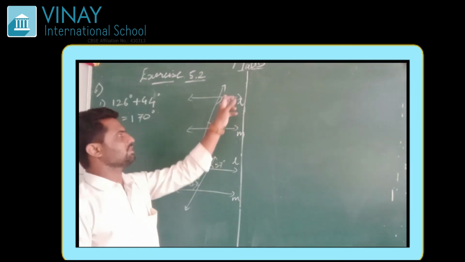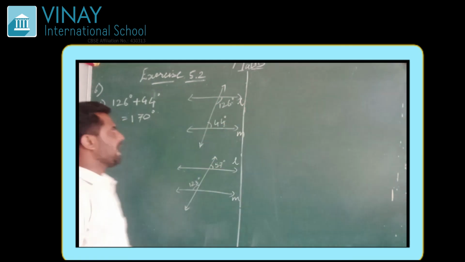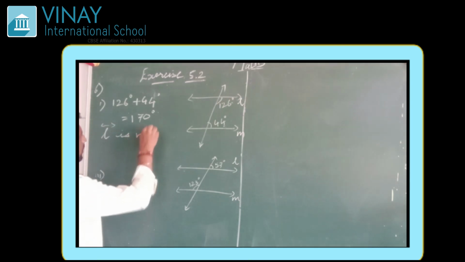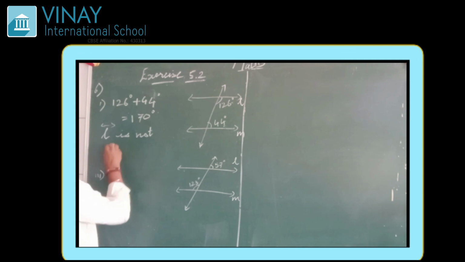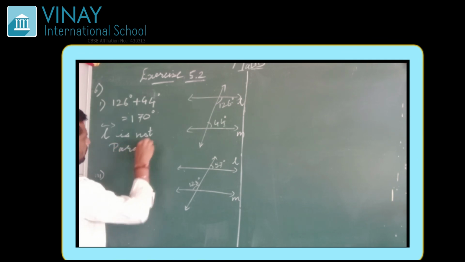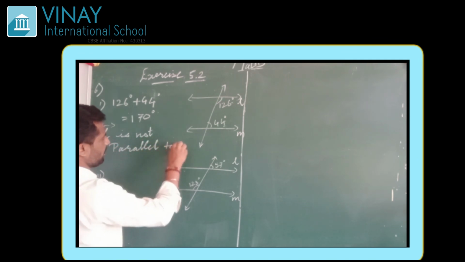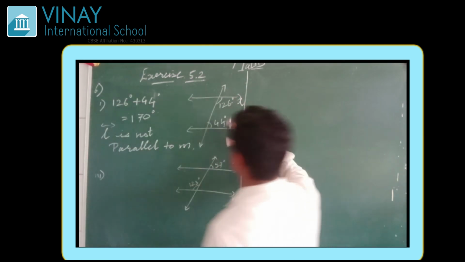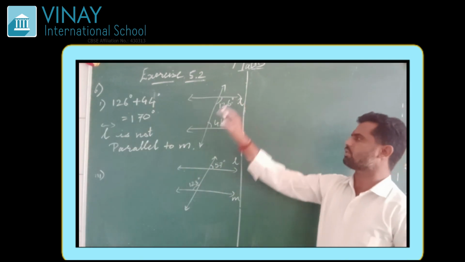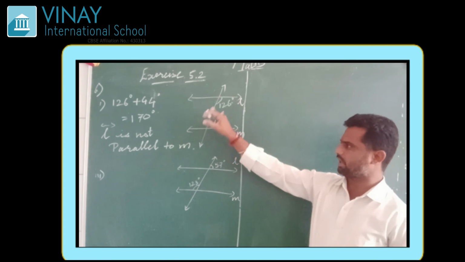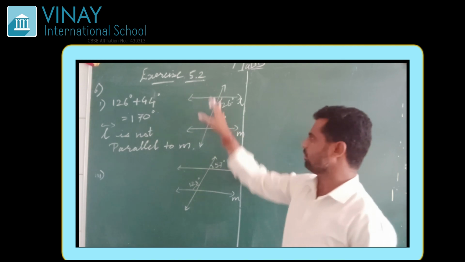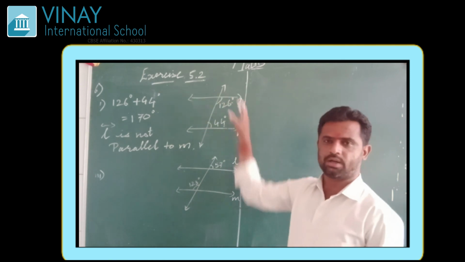If they are not supplementary, it means line L is not parallel to line M. As these both are not supplementary, this property does not hold here, and so these both are not parallel.